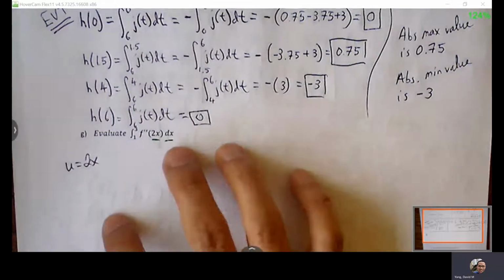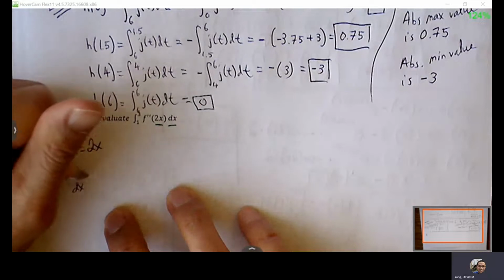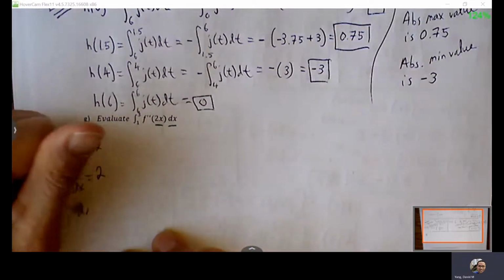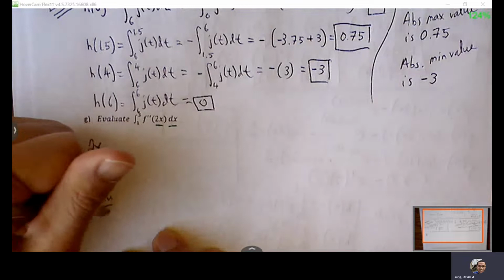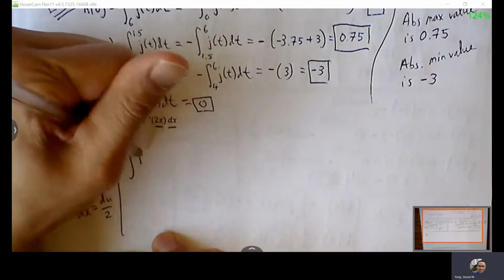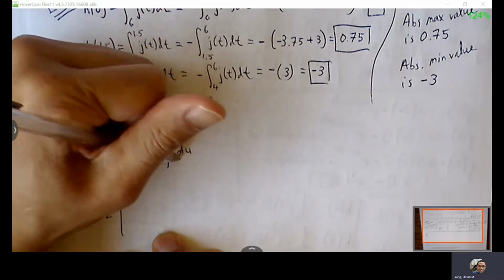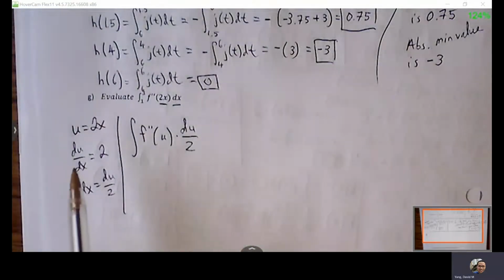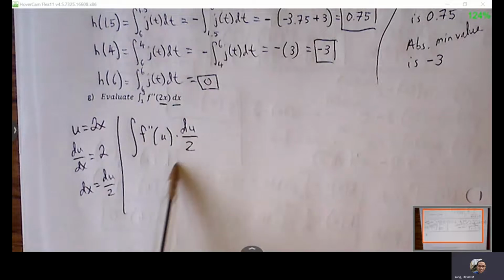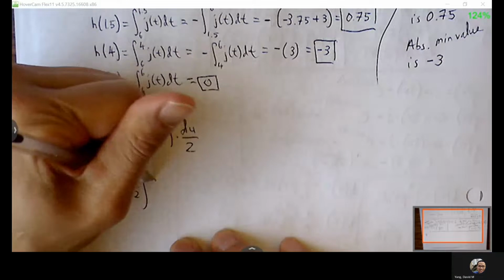And we go through U substitution, get everything in terms of U. And then we start making our substitutions here. By going through U substitution, we know there's a leftover 1/2. That's going to be part of my process there.